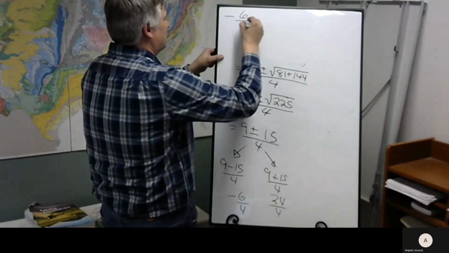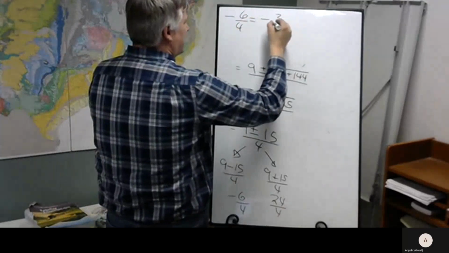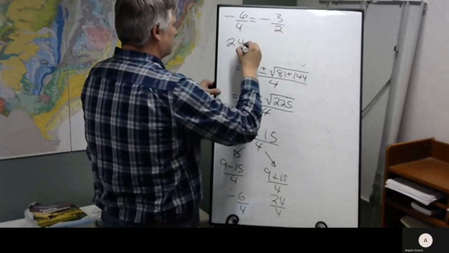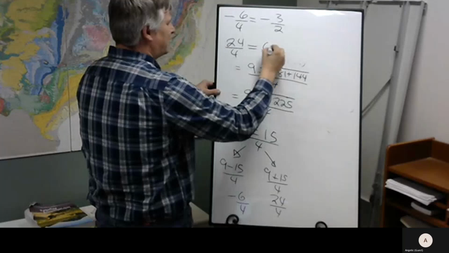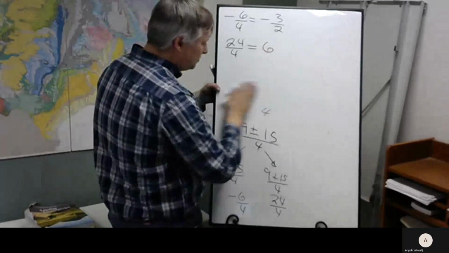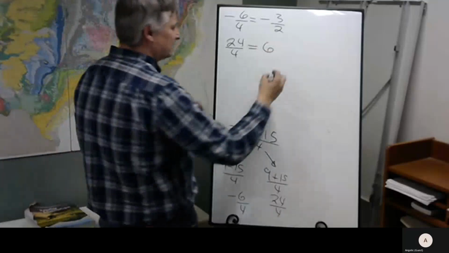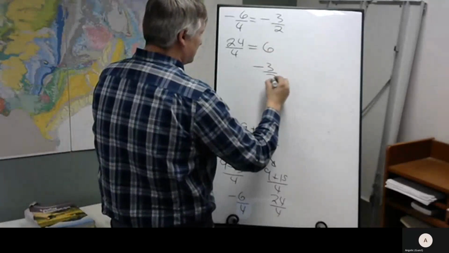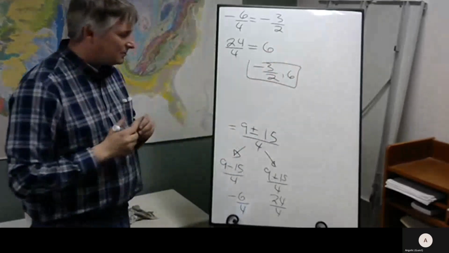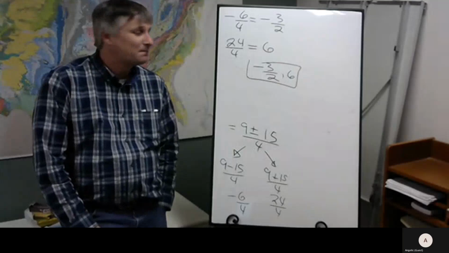So negative 6 over 4. Well, that reduces to negative 3/2. And then 24 over 4. Well, that's just equal to 6. And so using the quadratic formula, we're going to get the same answer as we did using that very convoluted AC method.